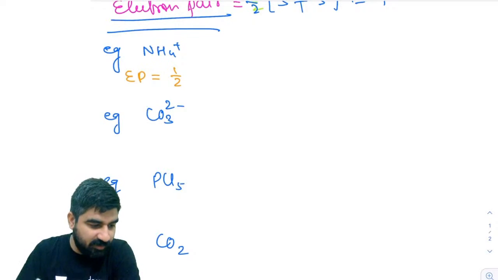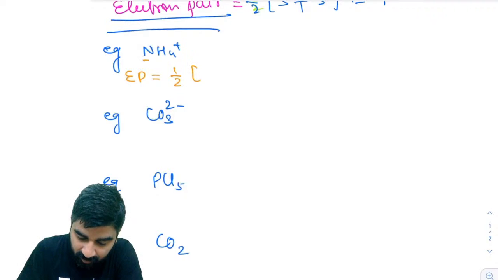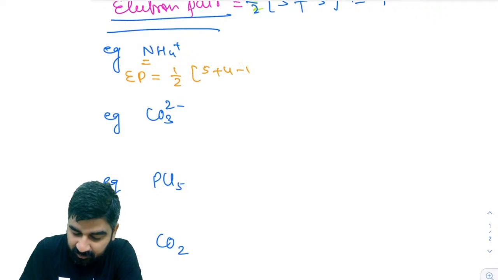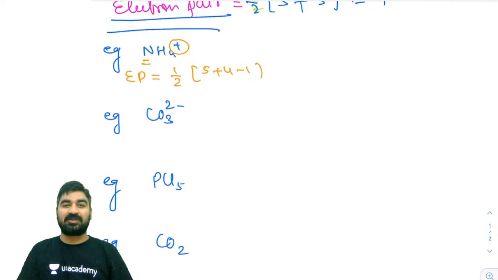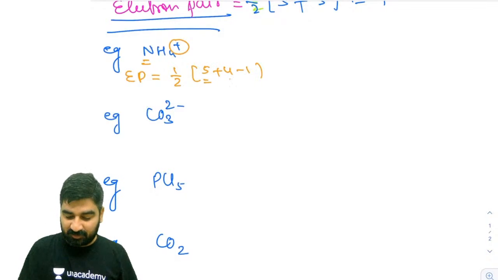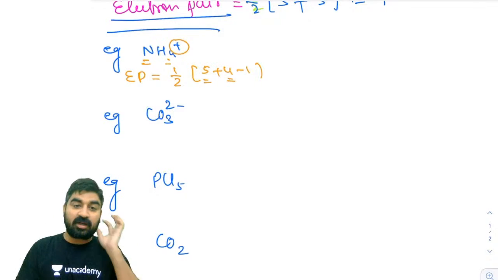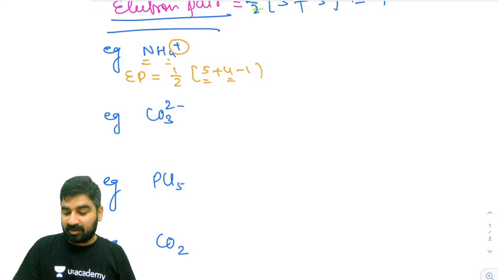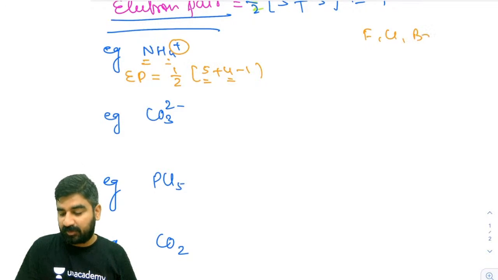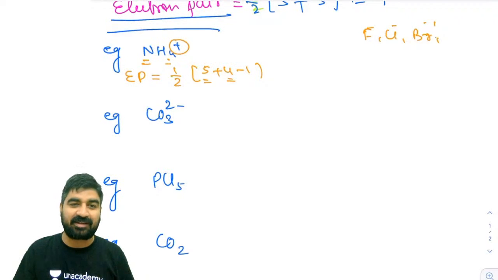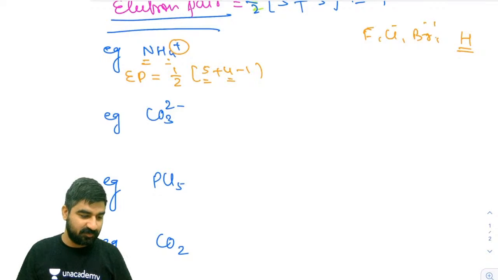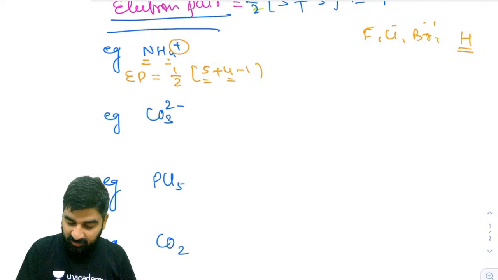So for NH4 plus, it would be half into 5 plus 4 minus 1. Why minus? Because there is 1 plus. So valence electrons plus monovalent H. The monovalent species are normally fluorides, chlorides, bromides, iodides, because they have minus 1 and usually combine through a single bond, and then we have H. In this case it will be 4.